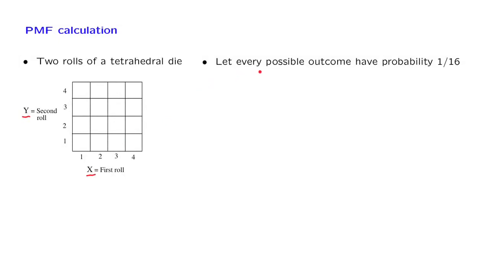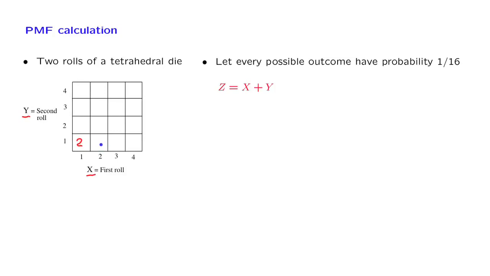In order to do any probability calculations, we also need a probability law. So to keep things simple, let us assume that every possible outcome, there are 16 of them, has the same probability, which is therefore 1 over 16 for each one of the outcomes. We will concentrate on a particular random variable defined to be the sum of the random variables X and Y. So if X and Y both happen to be 1, then Z will take the value of 2.